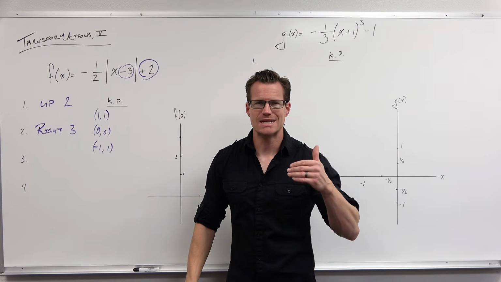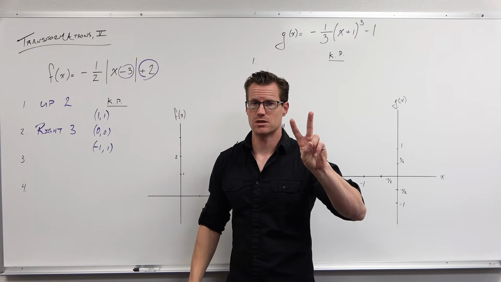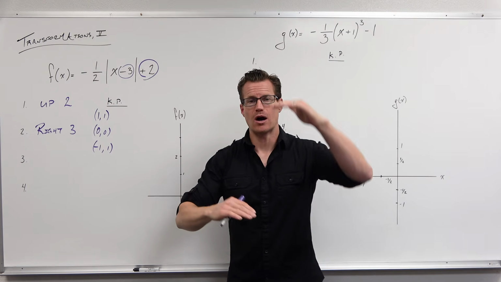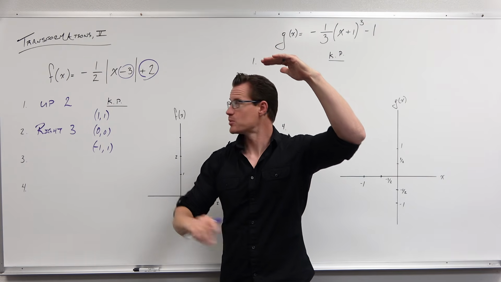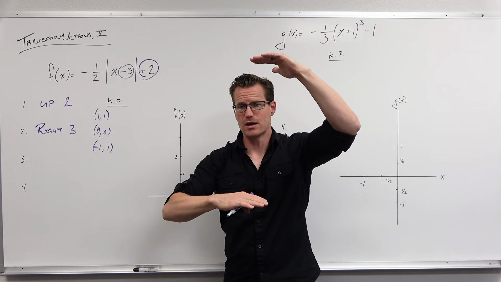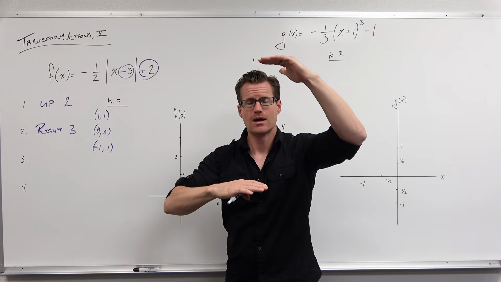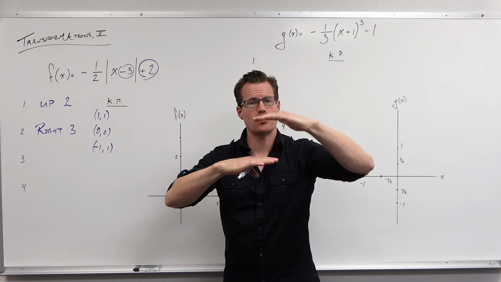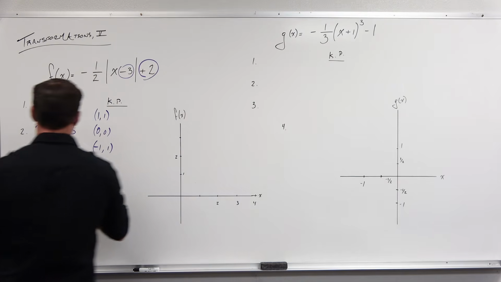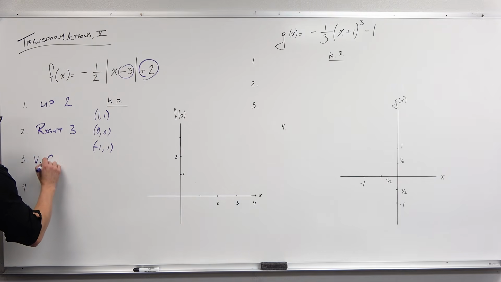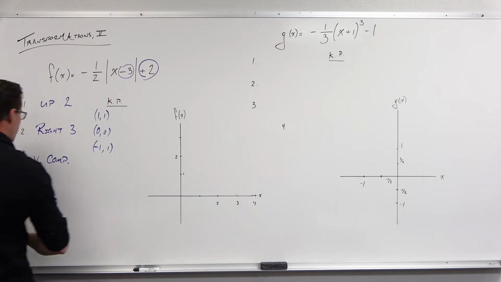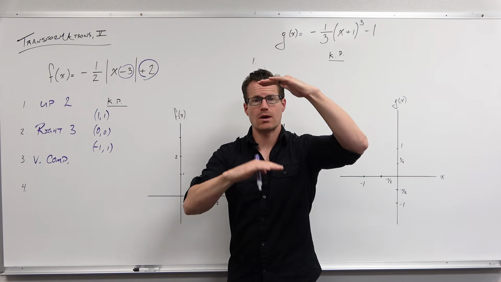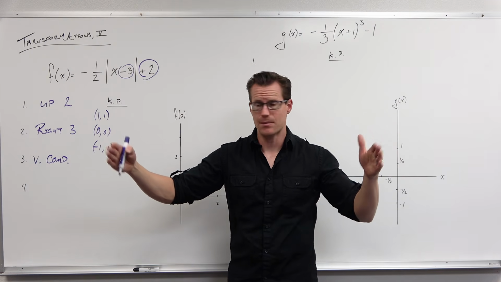But really, technically, that's 2 different transformations. The 1/2 takes your output value, doesn't change your input, that's already happened here, takes your output value for the given input, whatever you have, and then it's going to cut them in half. That's going to be a vertical compression. Vertical compression is going to make our graph look wider. That's what's going to happen.